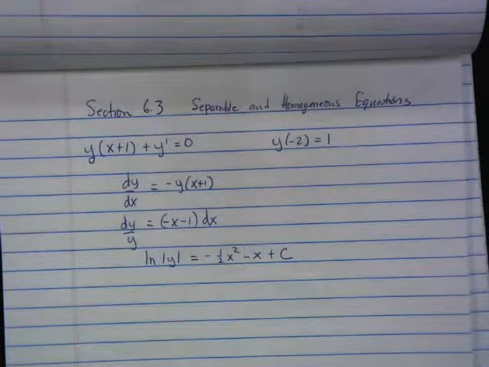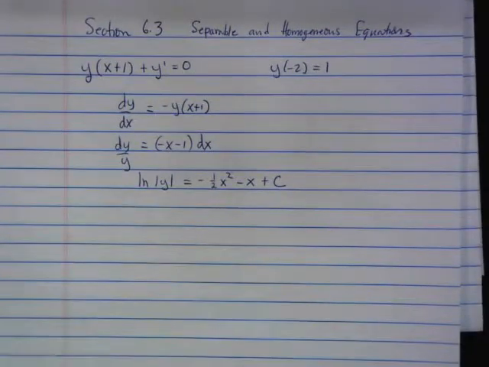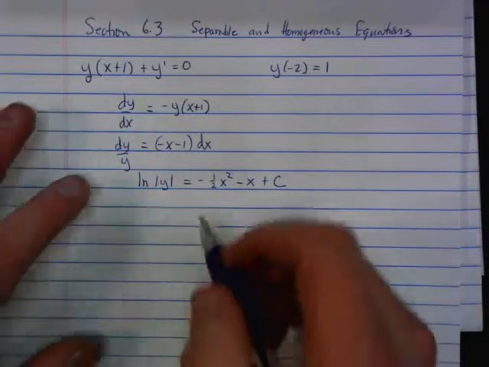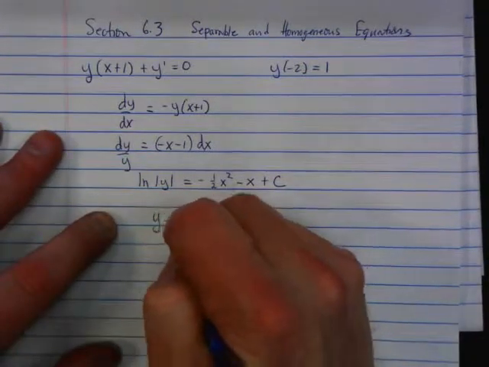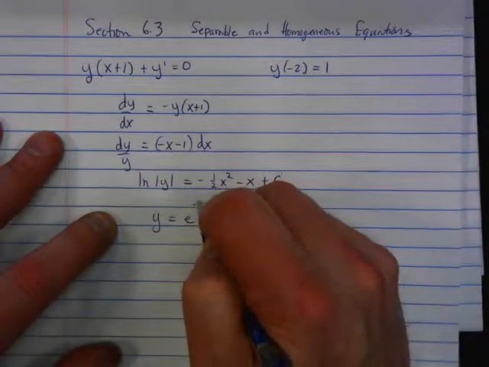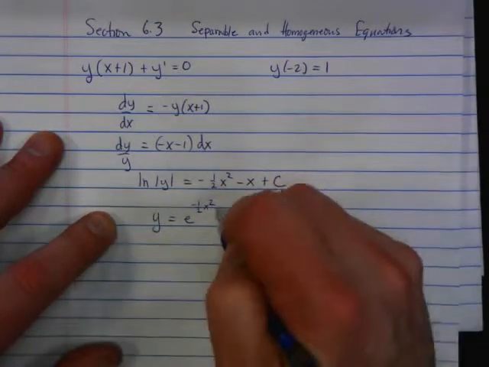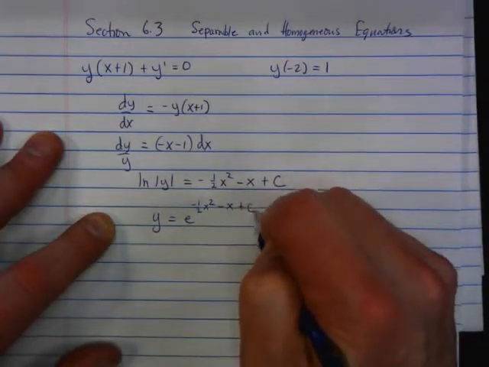And then we went through this process the other day of getting the y all by itself. What was our method for getting the y all by itself? E on both sides. So we would have y equals e to the negative 1/2 x squared minus x plus c.